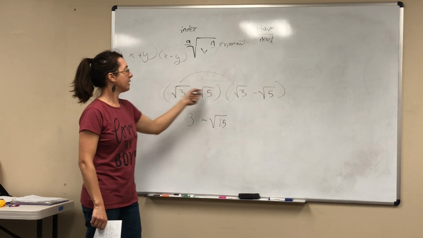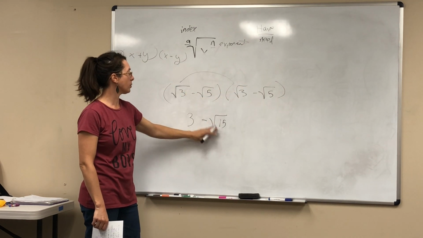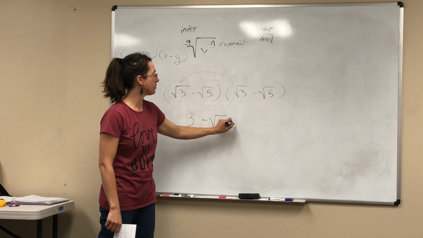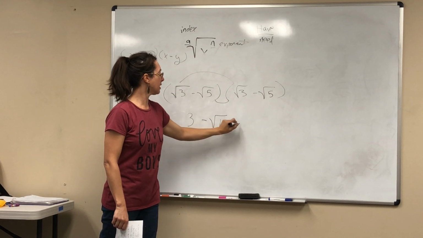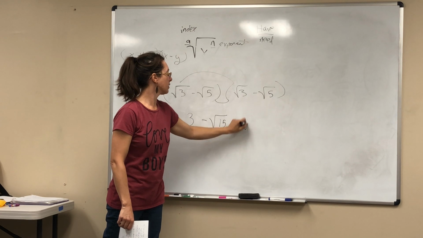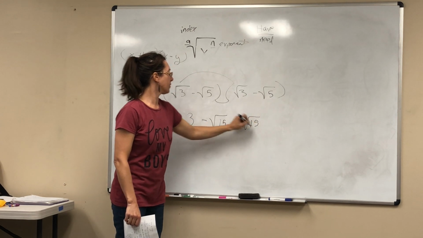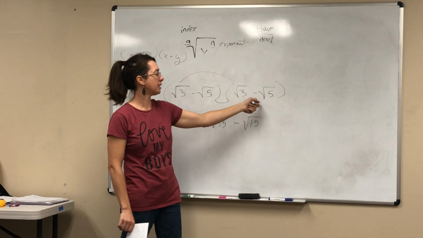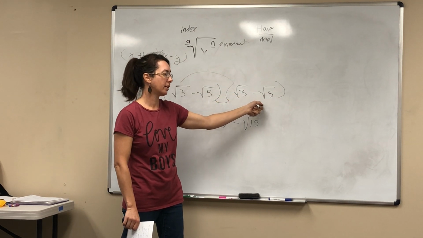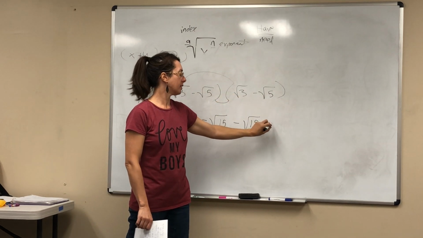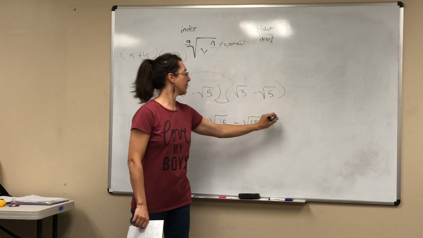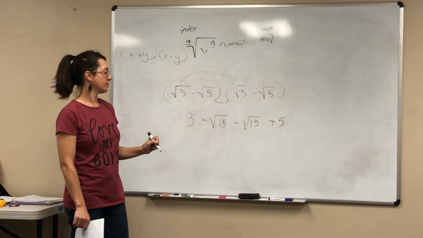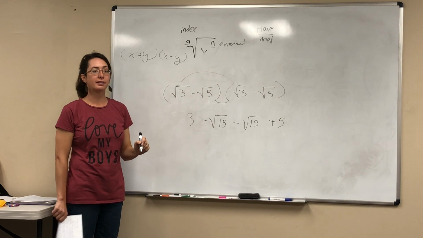Our indexes are the same, so we still have a square root. We multiply the inside, 3 times 5. We do our insides, and we do our outsides. Now this one is a negative square root of 5 times a negative square root of 5. So what should my sign be? Positive 5. Is there anything that can be combined now?